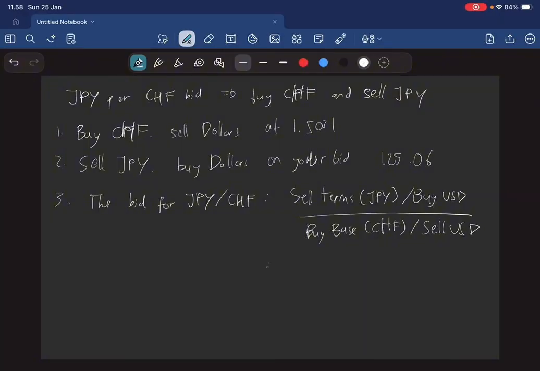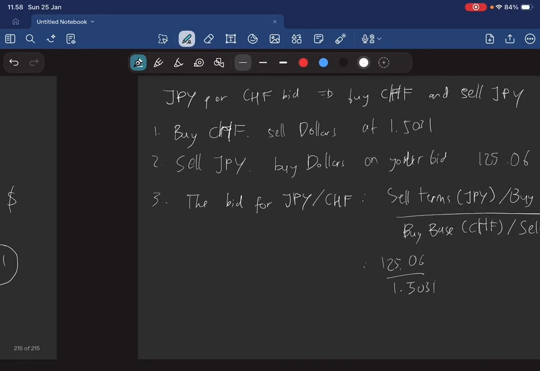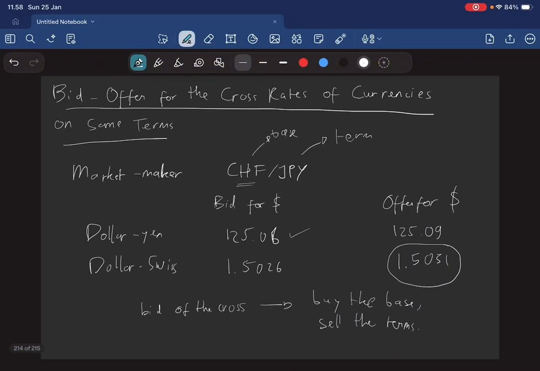So it will be 125.06 divided by 1.5031. Because sell Japanese yen and buy US dollar is this one, while buy Swiss franc and sell US dollar is this one.